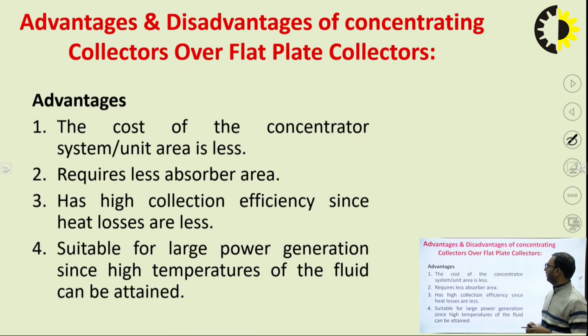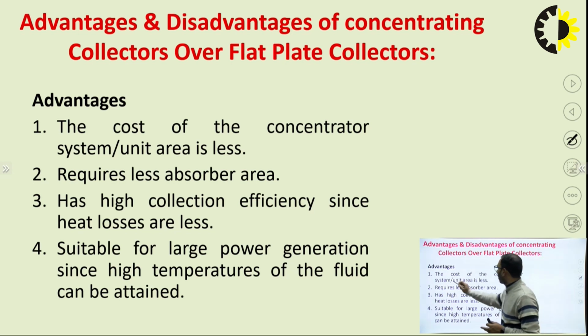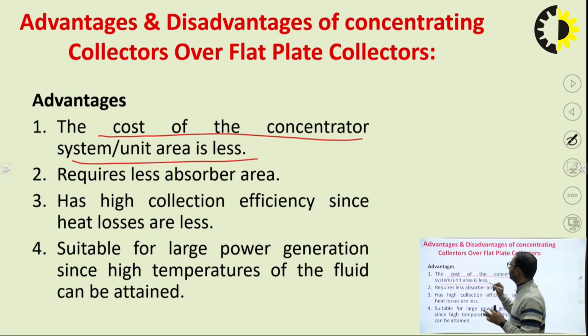So what are the advantages and disadvantages of concentrating collectors over flat plate collectors? The first advantage is that the cost of the concentrator system per unit area is less. Concentrating collectors require less absorber area compared to flat plate collectors.